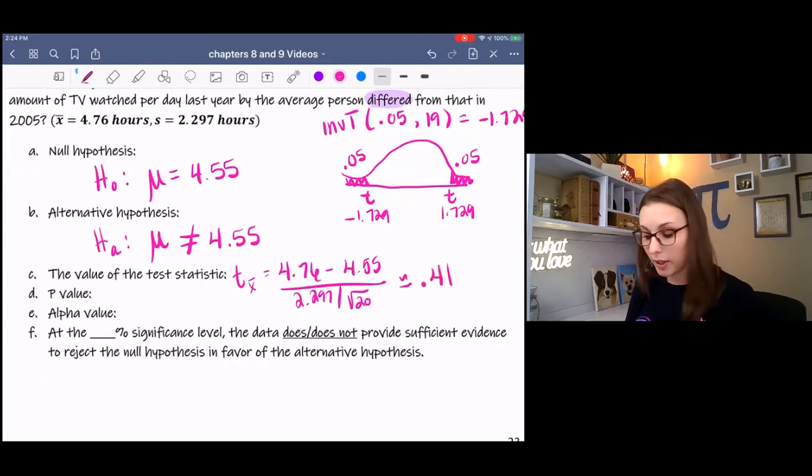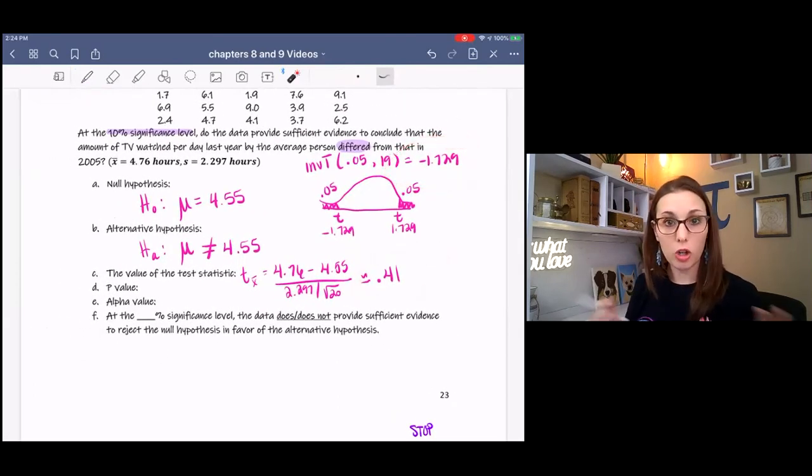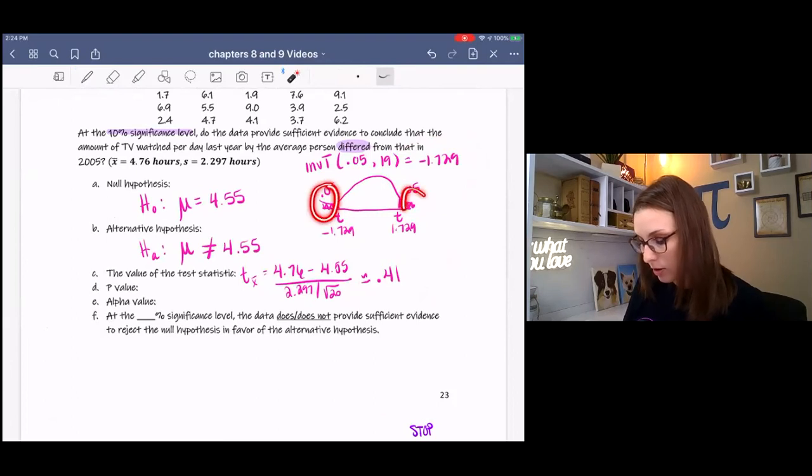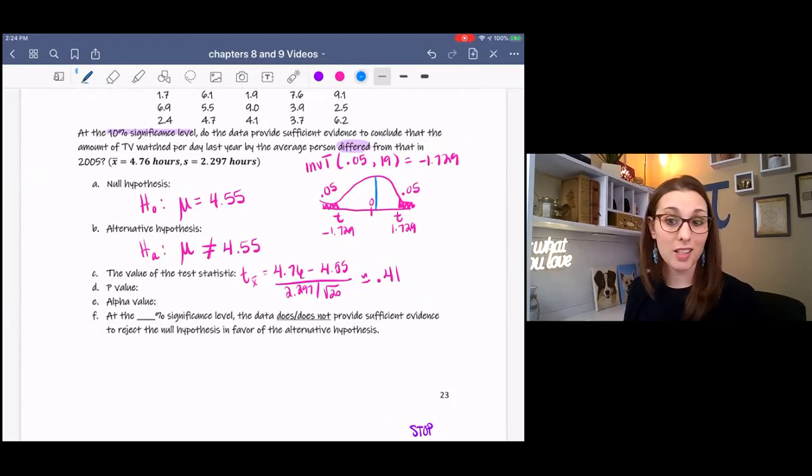So at this point, if you did this critical value approach, you can draw your picture and compare those values. Is 0.41 in the rejection region? No, it is not. 0.41 is like here, and that's firmly in the non-rejection region.